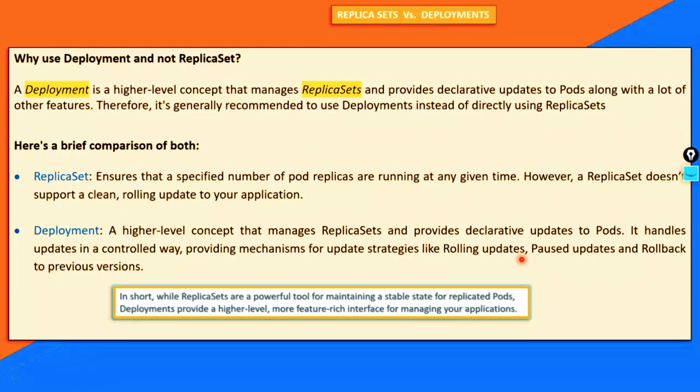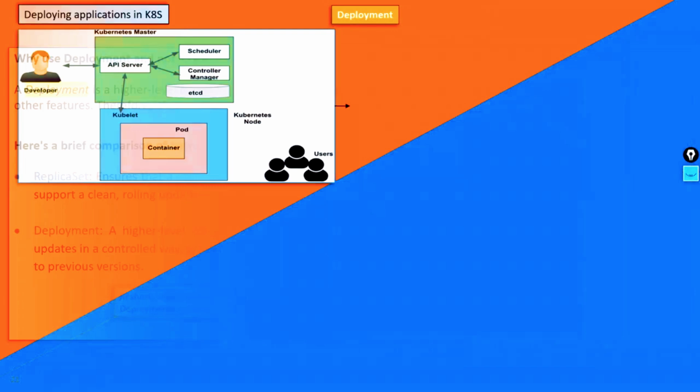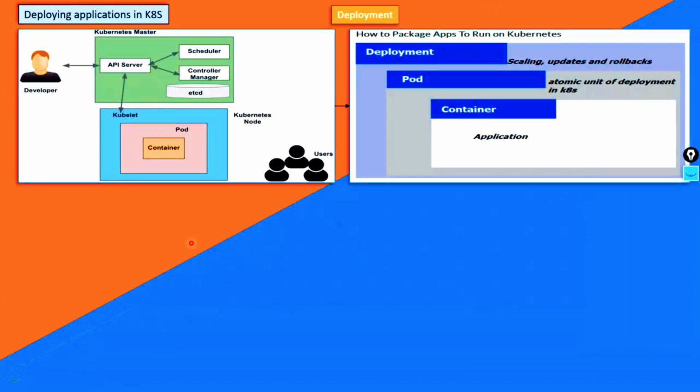You can seamlessly deploy your new feature while you take down your old version slowly, gradually, without the customers who are logged into your system finding any difference. So deployment is very important. We will use deployment to create our stuff.